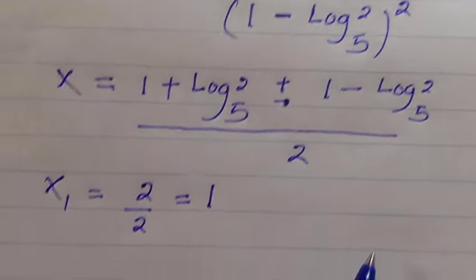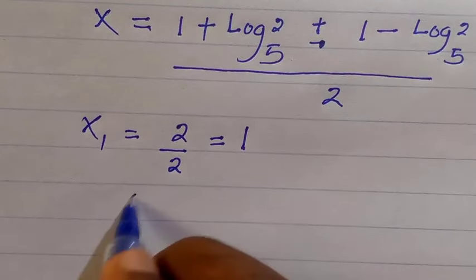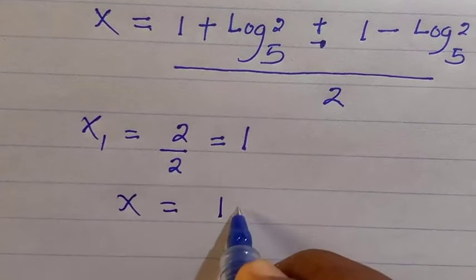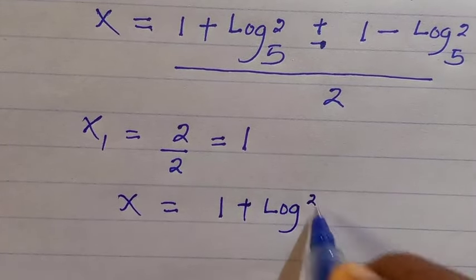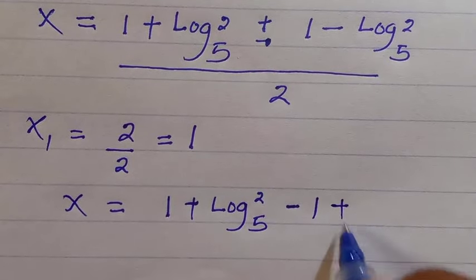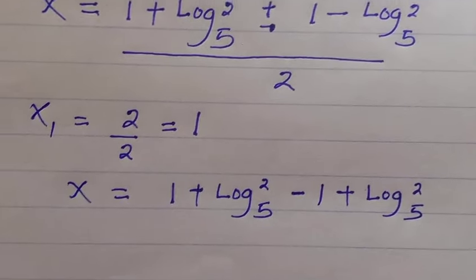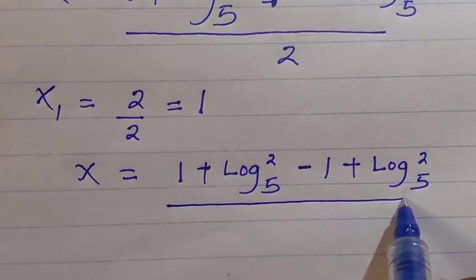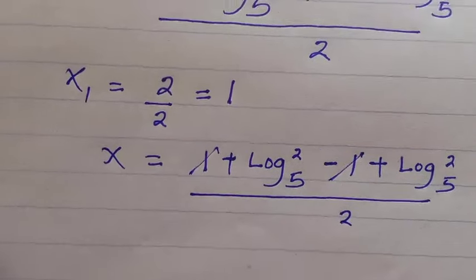While for the second one, when we consider the negative part, we are going to have x equals 1 plus log 2 base 5, minus 1 minus log 2 base 5, all divided by 2. So 1 and minus 1 cancel each other.